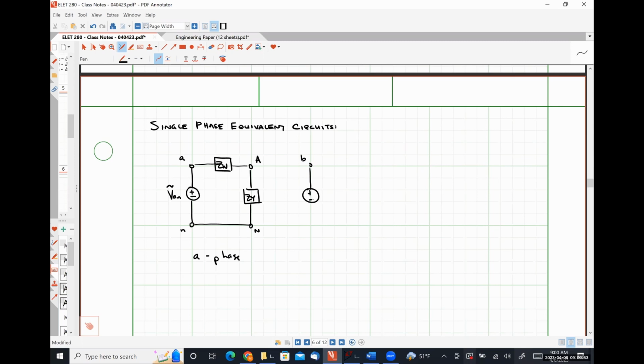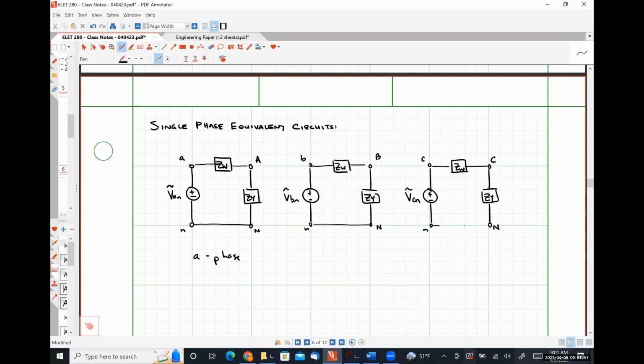Our B phase equivalent circuit is going to be literally the same thing, except we're going to use the subscript B. And over here, we will have our C phase equivalent circuit. Capital C. Like so.